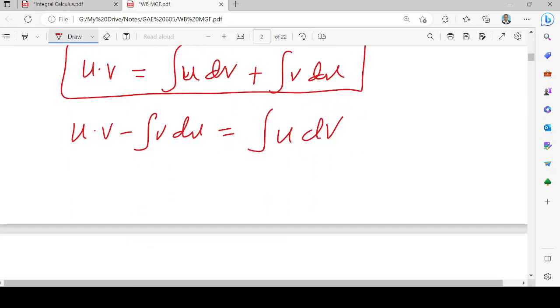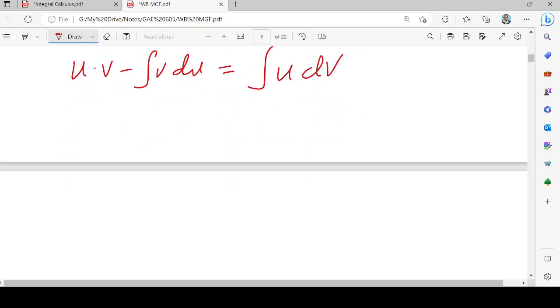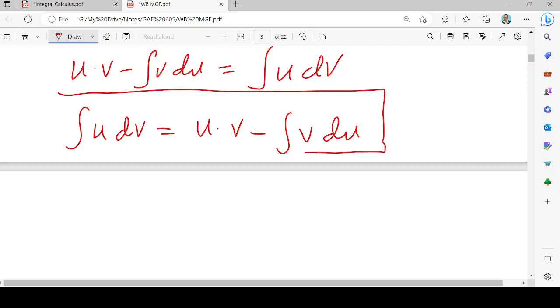Or even we can write this in a better way. The integral of u dv equals u times v minus the integral of v du. Now this expression is what we call the integration by parts. This is what we call integration by parts.